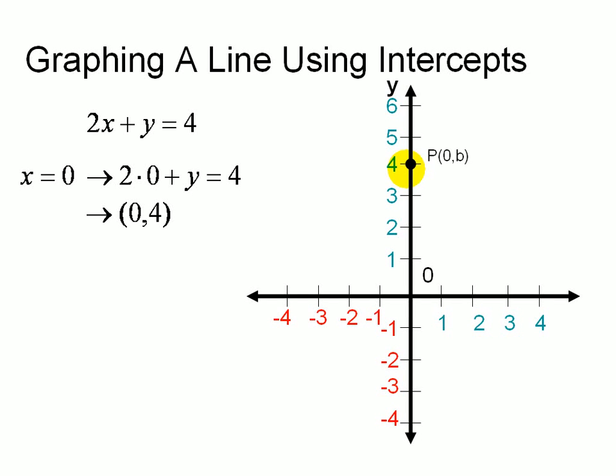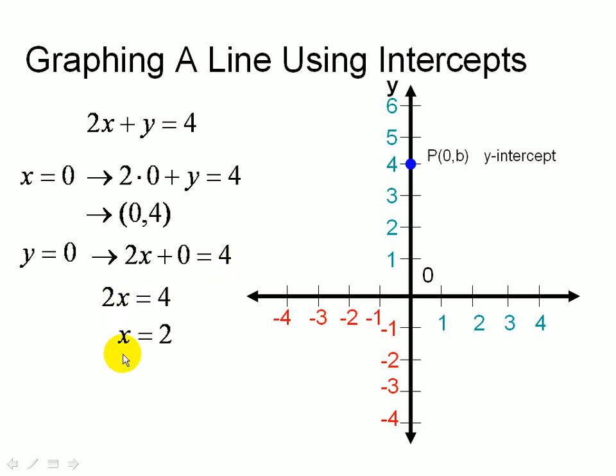Our next point is when y is equal to 0. So when you substitute y equals 0 in this equation, that yields the following: 2x plus 0 equals 4. So we divide 2x equals 4 by 2, which yields an answer of x equals 2.